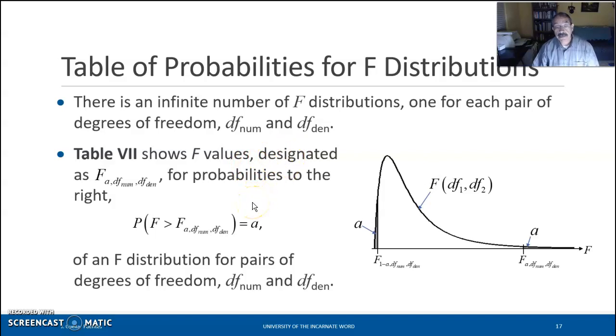Now, Table 7, that's in the back of the book, and I will post that table in the probability tables for this module.